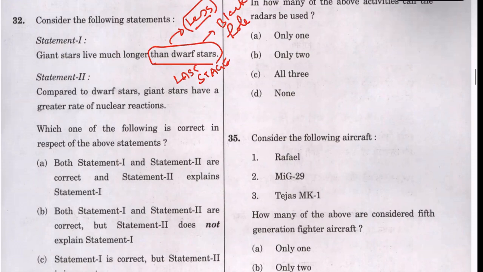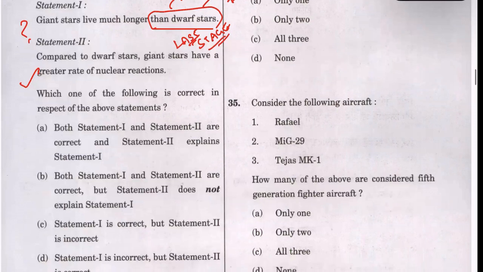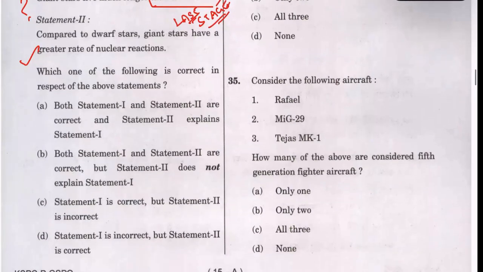So what you should know is that this statement may not be true: compared to dwarf stars, giants burn at a greater rate. As I told you, dwarf stars mean the last stage, that is, all the fuel is exhausted, and hence they are there. So this is true. So statement 1 is wrong, statement 2 is correct.